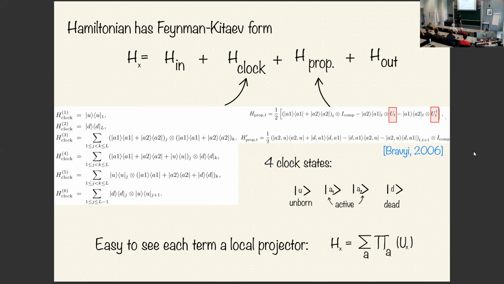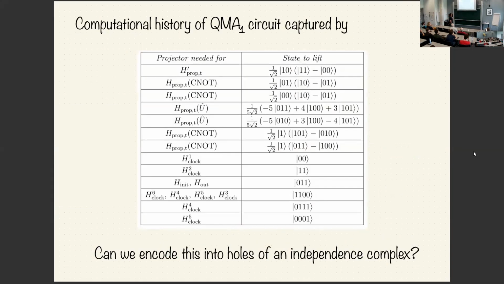It's easy to see that this is an instance of quantum k-SAT because all these terms are projectors. Using the fact that U is unitary, you take the square of this and find that it's itself, so it's a projector. The bottom line is that the computational history of the QMA circuit is captured by these Hamiltonians. You have to choose your gate set. I'm going to choose CNOT and this U, or U hat.